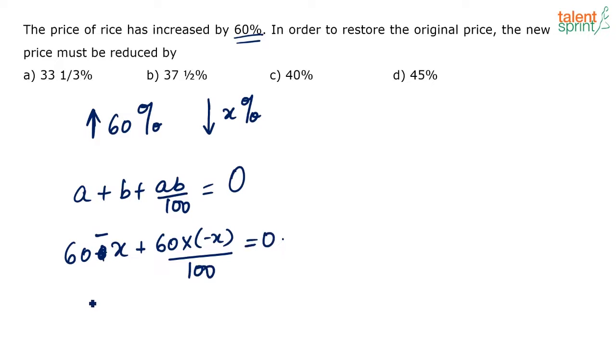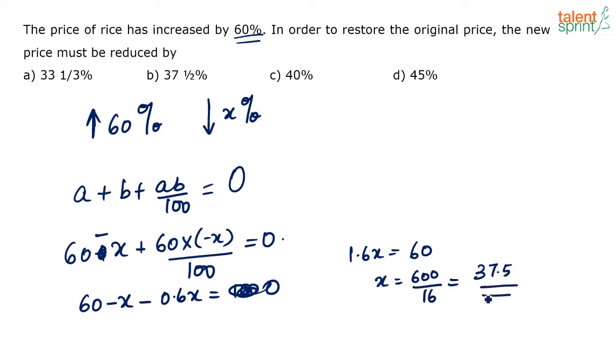You get 60 minus X minus 0.6X equal to 0, or you can say that 1.6X is equal to 60, or X is equal to 37.5. So I have to reduce the price by 37.5% so that I get the original price. Okay, so the correct answer is option B.